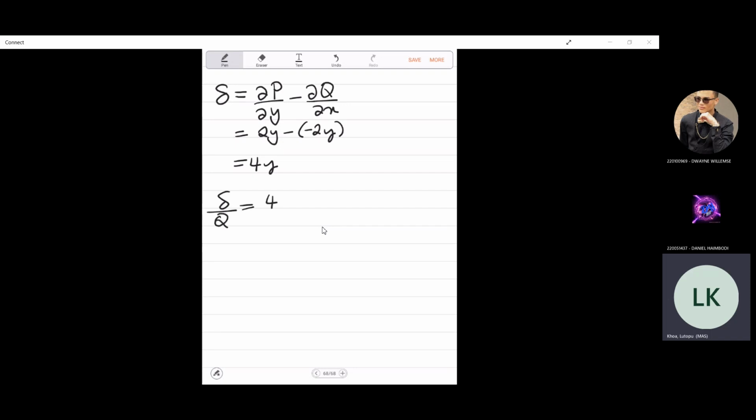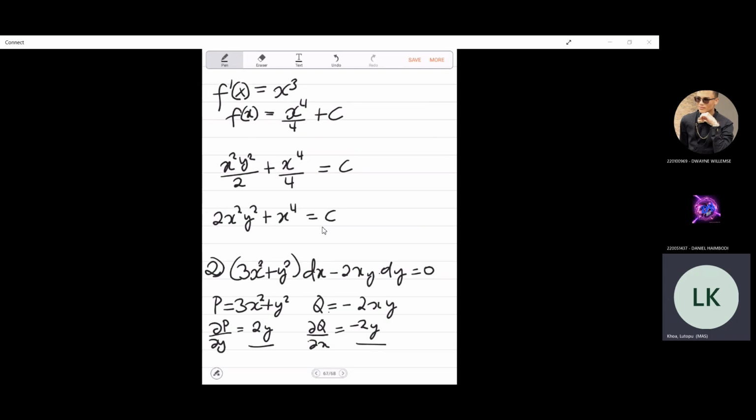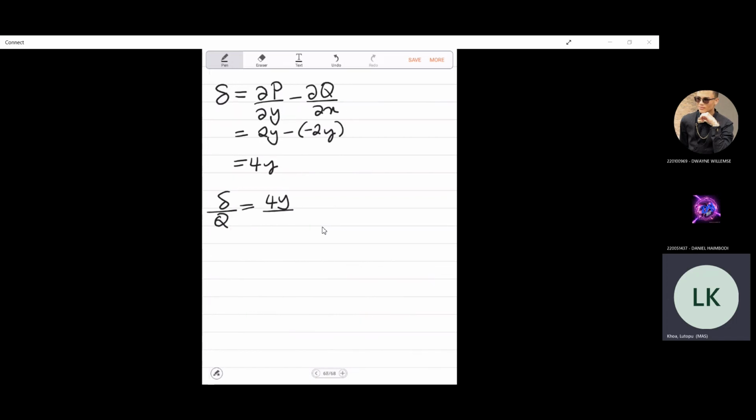This is 4y divided by q, which is negative 2xy, which is negative 2 over x.